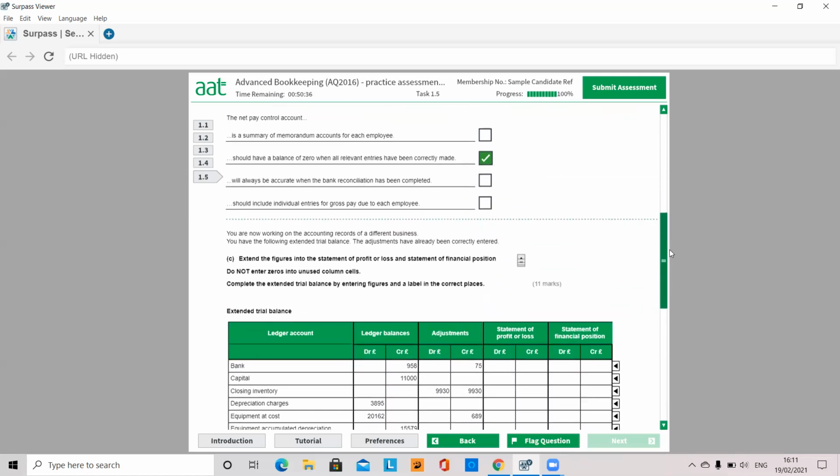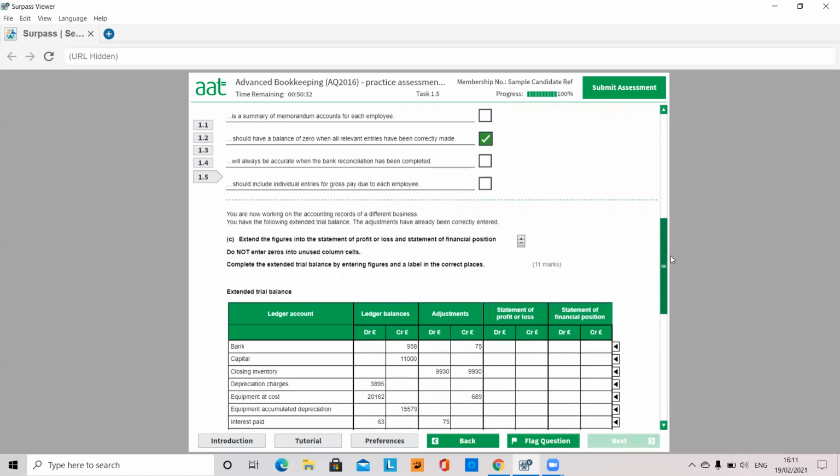And the final thing, it said you're now working on the accounting records for different businesses. You have the following extended trial balance. The adjustments have already been correctly entered. So it says extend the figures in the statement of profit and loss and the statement of financial position in the correct columns.